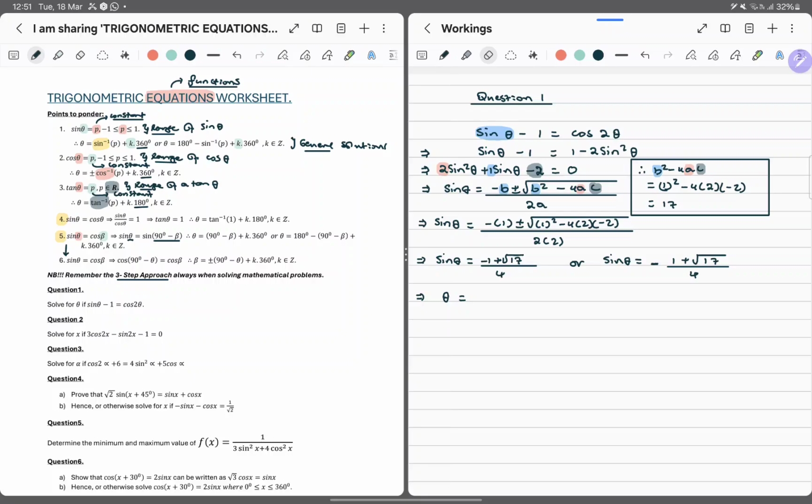Let's look at the second one. This one is minus 1.2. Can you see this is outside that range? Minus 1.2 is outside the range, so we reject this solution. So always check first if any solution is to be rejected before you waste time using it in the solution.